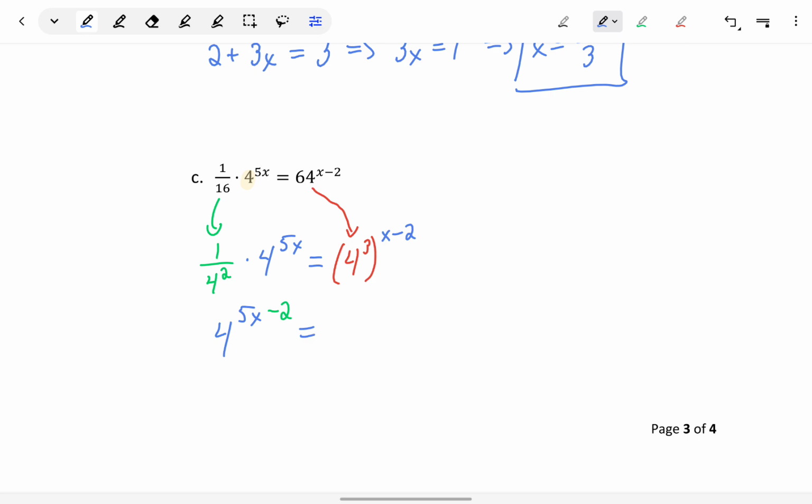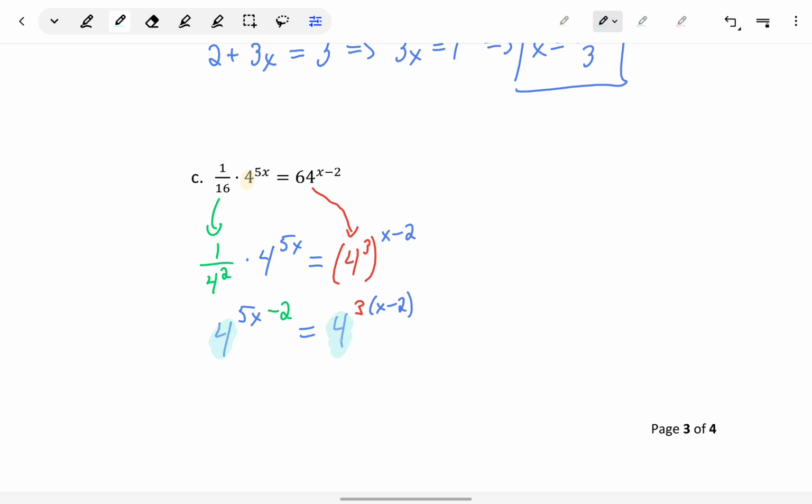And that will be equal to 4, which is being cubed and then raised to the x minus 2 power. So we multiply those exponents together since we have a power raised to a power. So this would be 4 to the 3 times x minus 2 power.